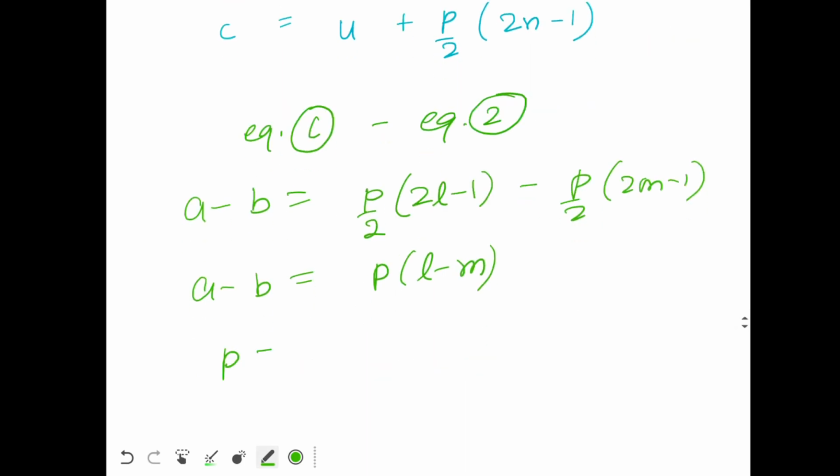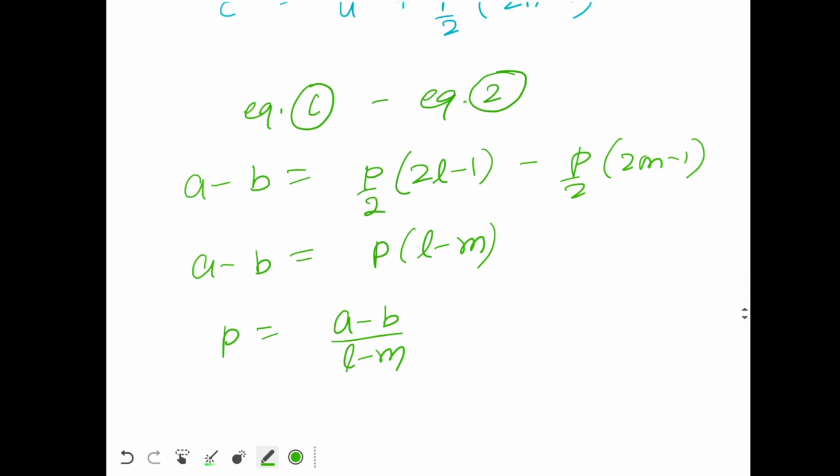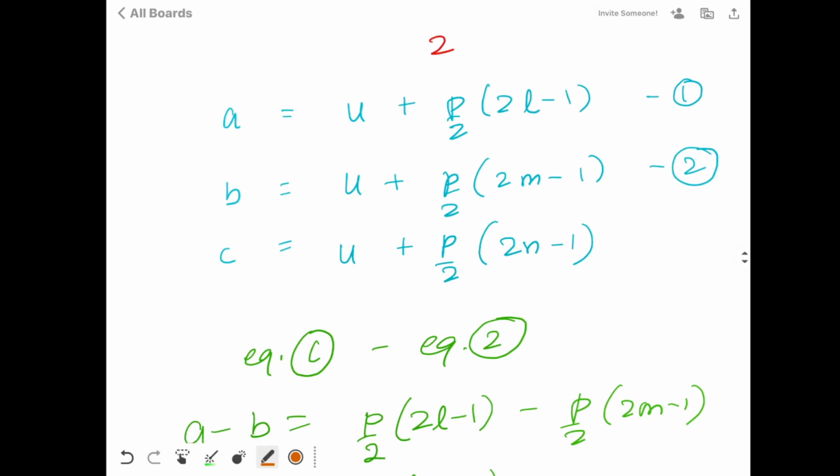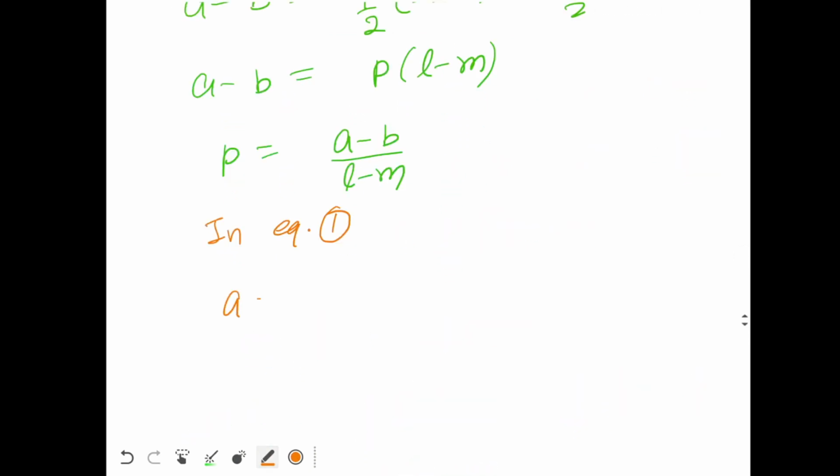So I basically found p is equal to a minus b by l minus m. Then I can find u as well. In equation 1, a equal to u plus p by 2 times 2l minus 1.